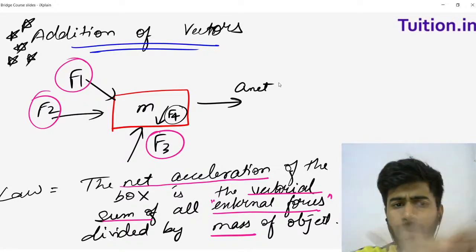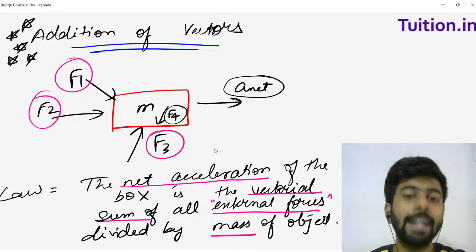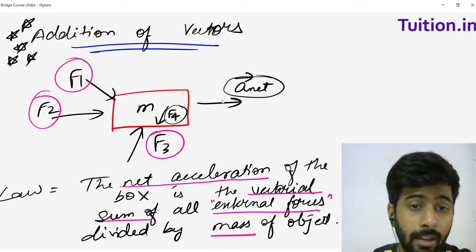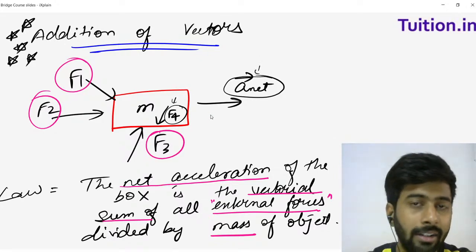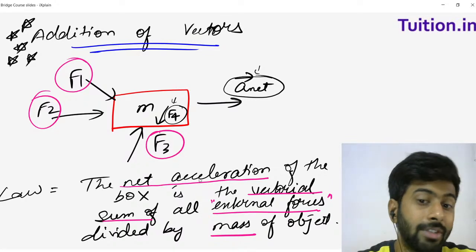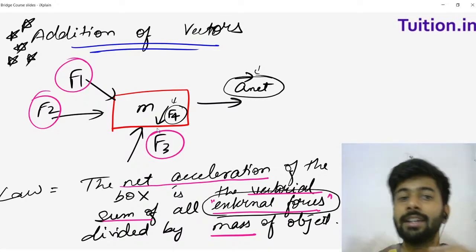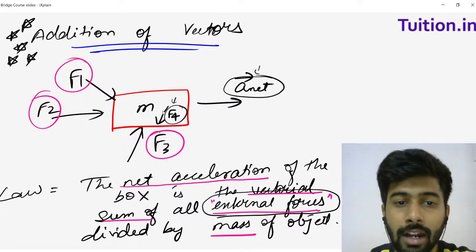Do you think F4 is going to have any impact on the A net? The answer is no, because the definition says the forces have to be external and F4 is inside the body. It's an internal force. Let's not dig too much into that right now.